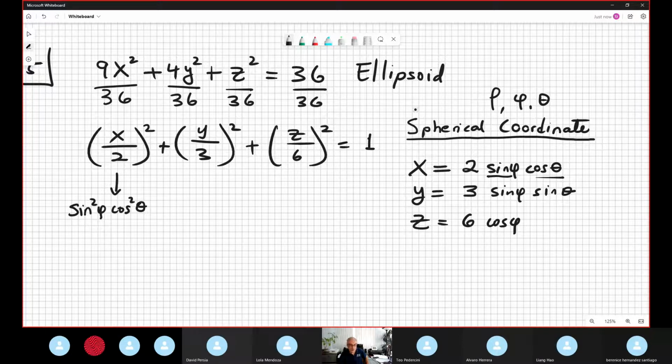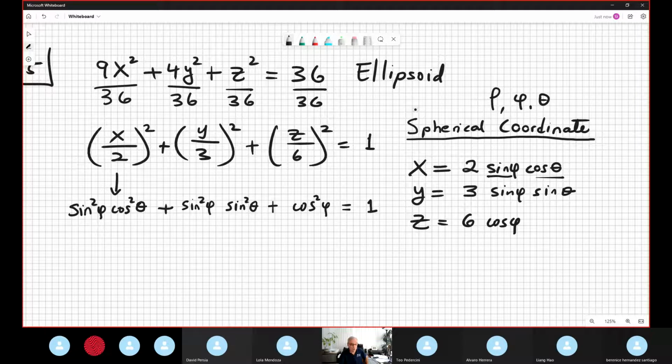Likewise, y over 3 is sine squared phi sine squared theta, plus this is cosine squared phi. And it should be 1.